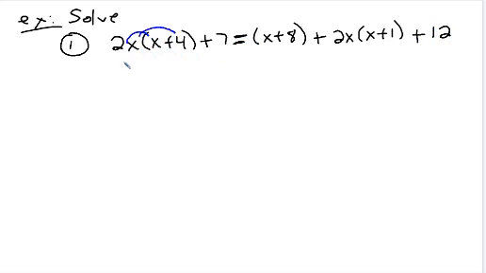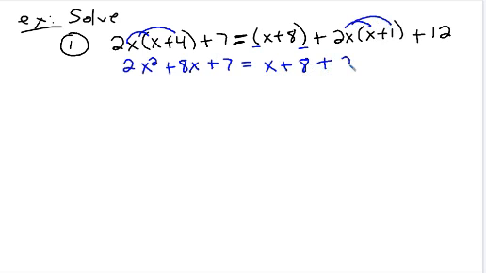Distribute, distribute, and I have 2x squared plus 8x. I don't distribute to the 7. It's outside of parentheses, so it just comes down. Here, this x plus 8, I can drop these parentheses because there's nothing being distributed on the outside. So I just have x plus 8. Plus, here I do need to distribute: 2x squared plus 2x plus 12.